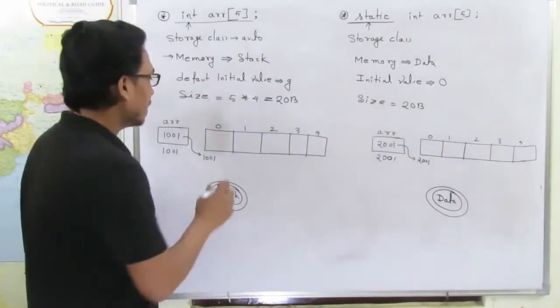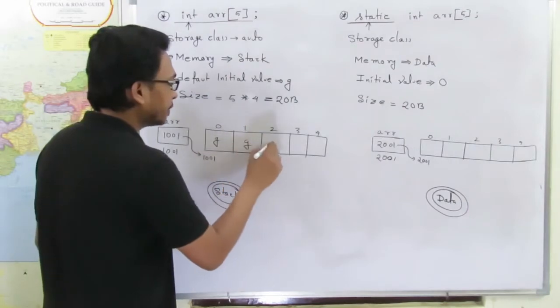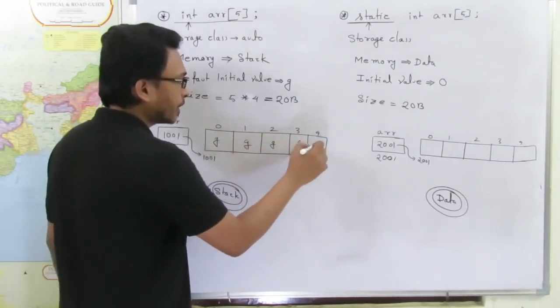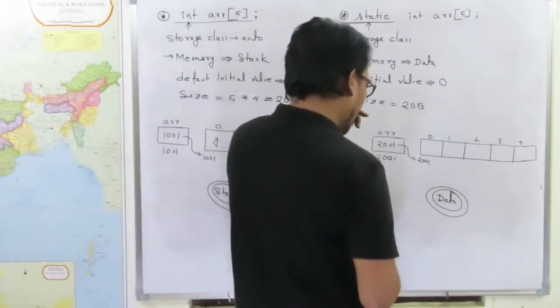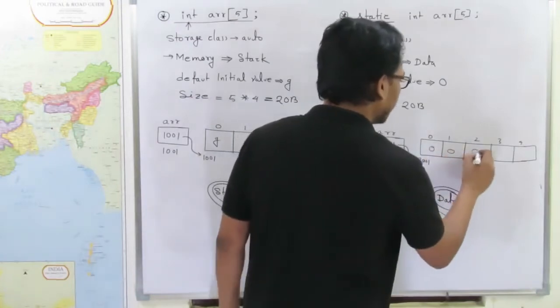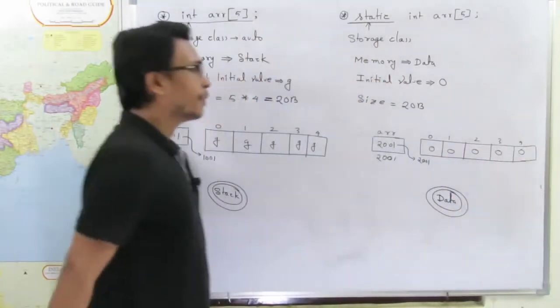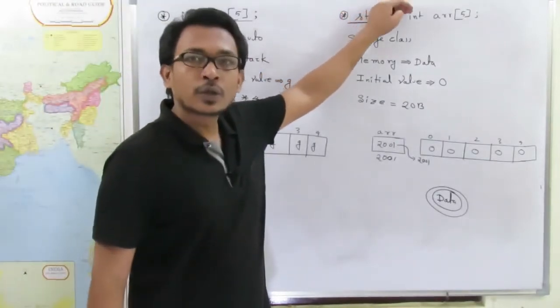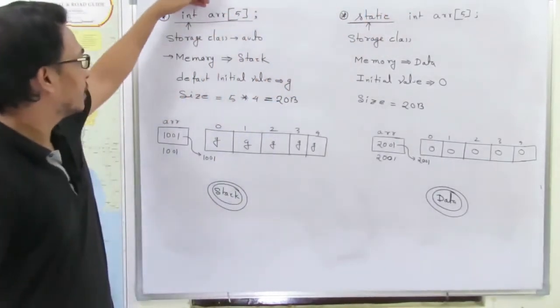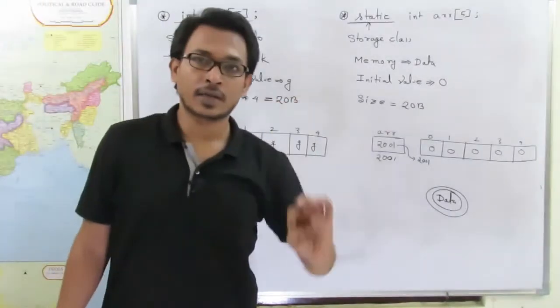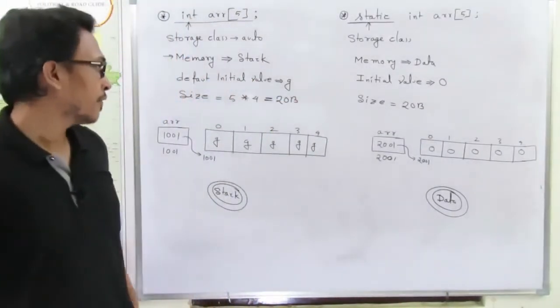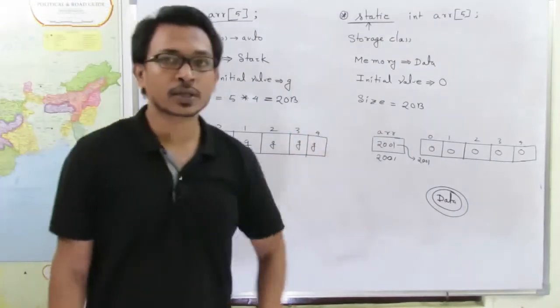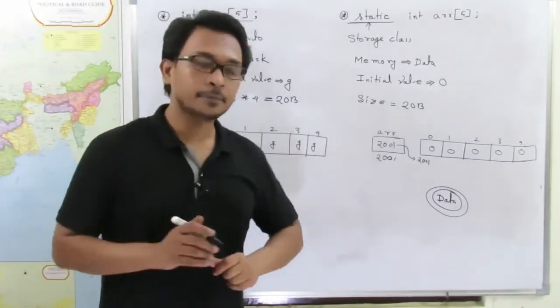In this case the initial value will be garbage, but in this case the initial value will be 0. That is the difference when we declare any array with static storage class and any array with auto storage class. Clear? Hope you understood the difference between static and auto storage class in case of arrays.